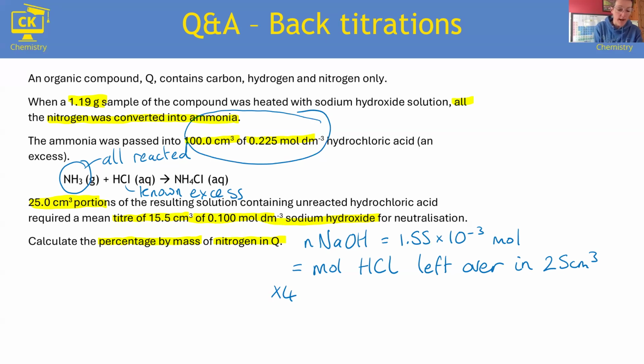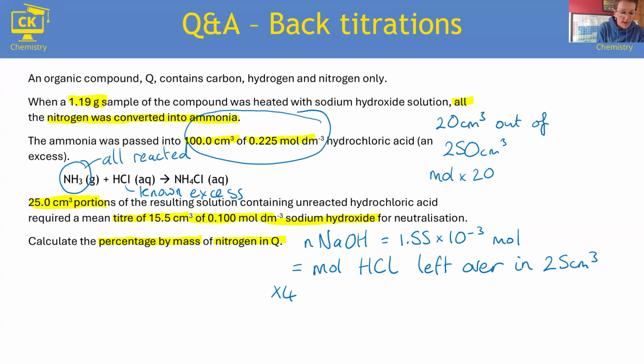So what I mean by that is, for example, if you had 20 centimeter cubed out of a 250 centimeter cubed sample, that isn't a very nice, easy to see ratio. But if you've got the moles in 20 centimeter cubed, to scale it up, you would just do the number of moles times 20.